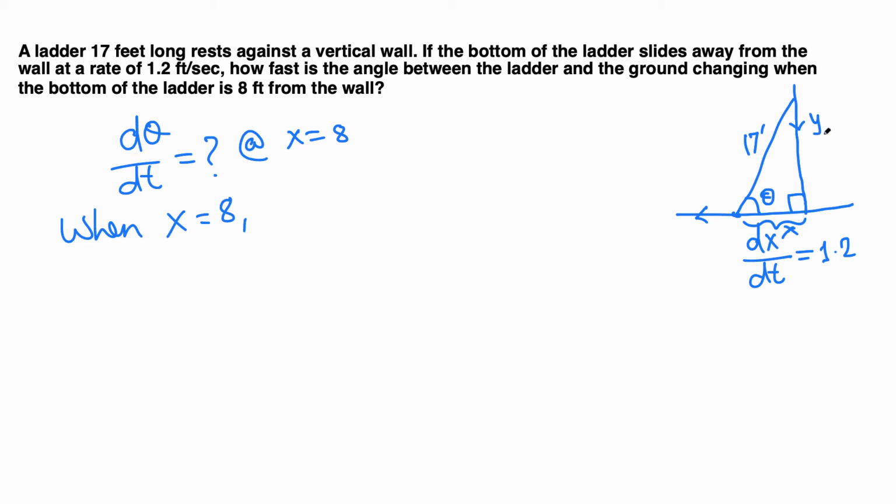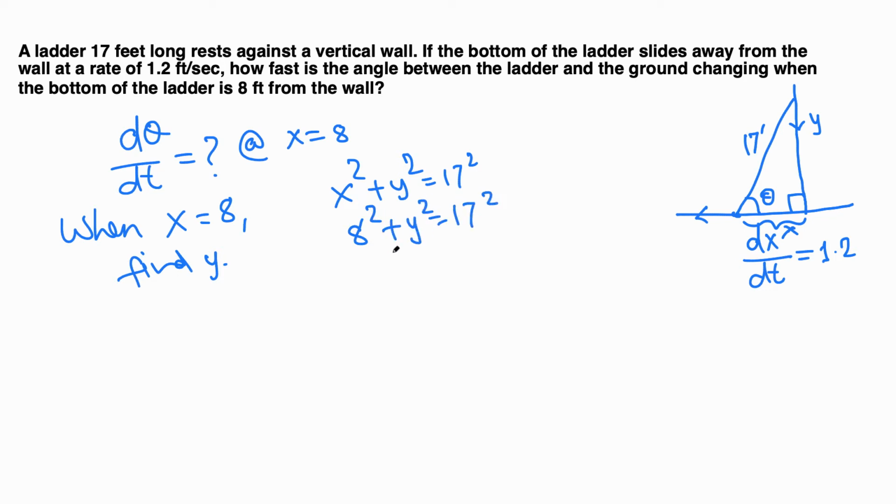From that we can determine the value of y, or we can use other trig identities, but the easiest is, when x equals 8, since we have x squared plus y squared equals 17 squared, let's find y. 8 squared is 64, plus y squared equals 17 squared, 289. 289 minus 64 is 225, take the square root, so y is 15.